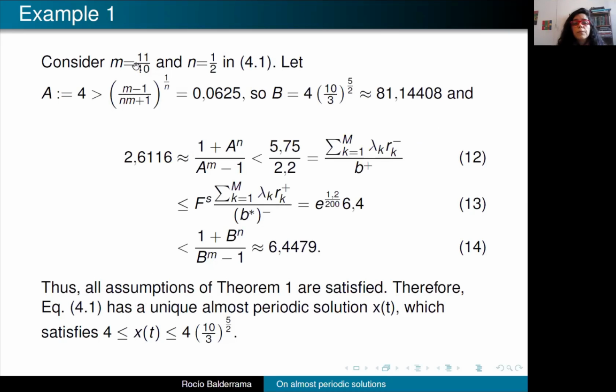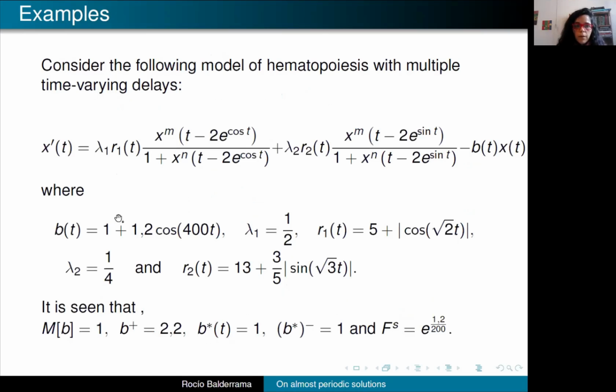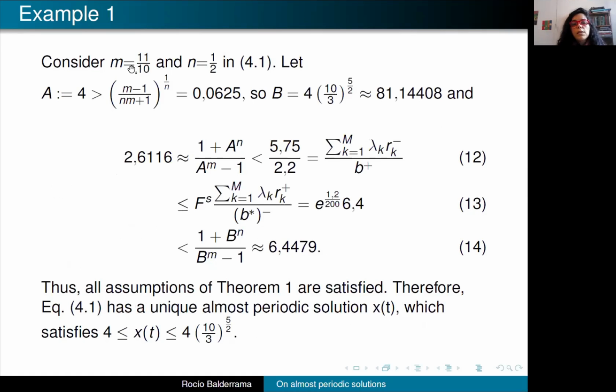And if we consider, sorry, this is the example, no? And so now I need to say who are M and N. If I consider M this number and N this number in the model, and A is 4, greater than this number, and B, so if I say who is A, I have defined B. So we can see that all inequalities of the theorem are satisfied.